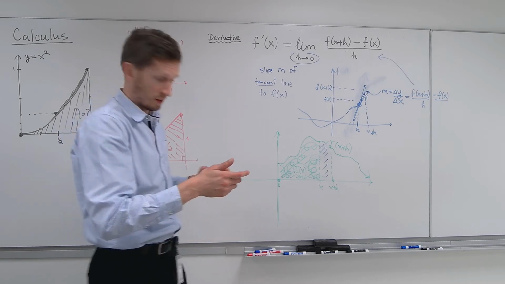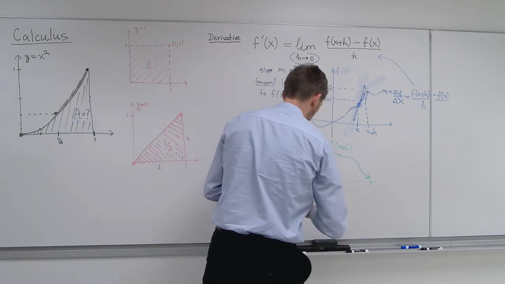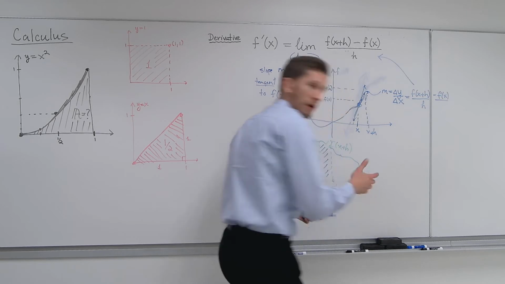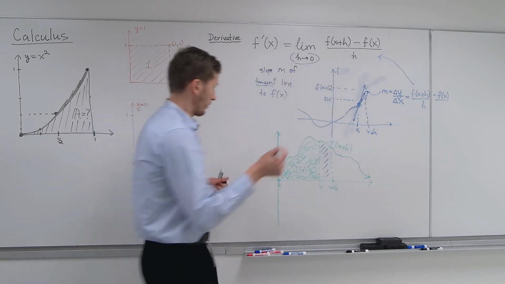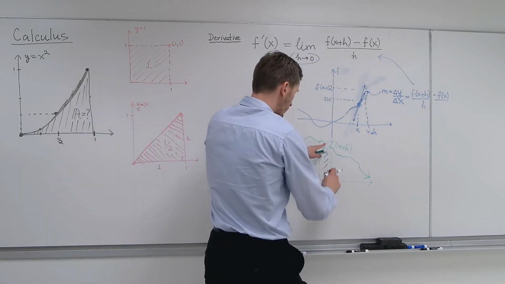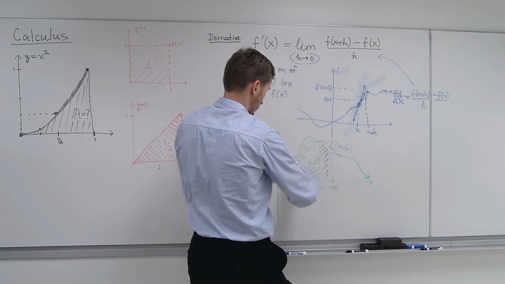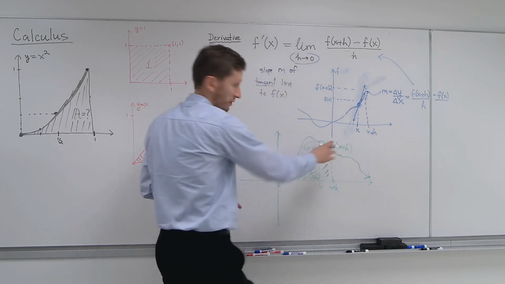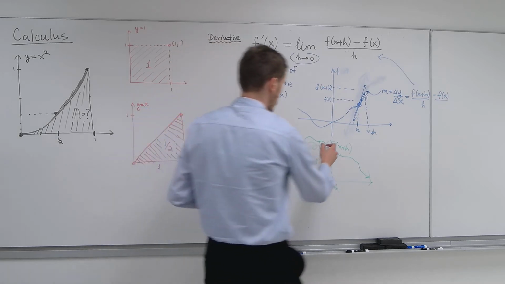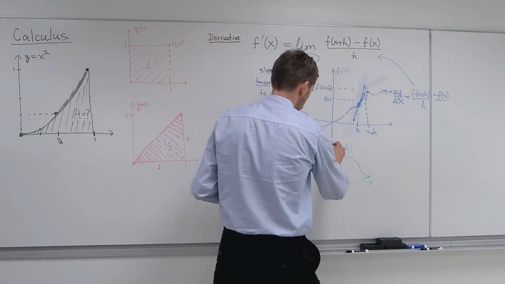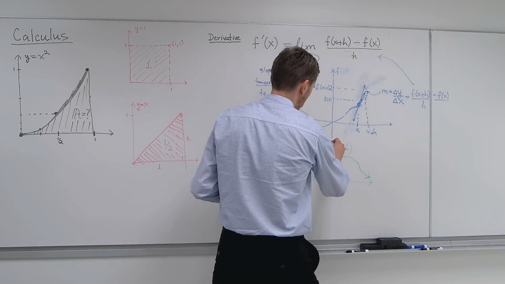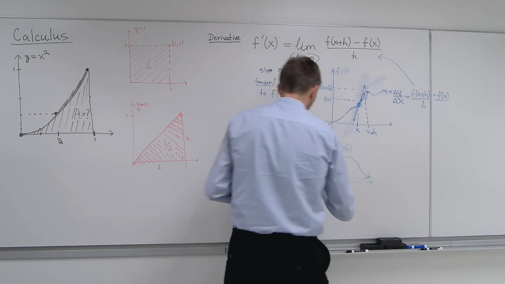Let me try to construct a little argument. What's the height, this function value, the green height? This is the function f of x. So what is this f of x here? What's this height?